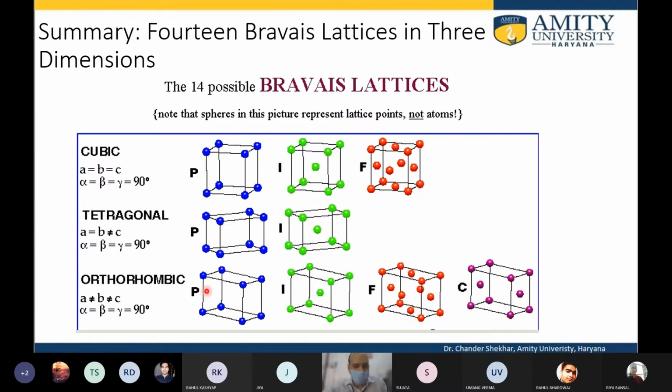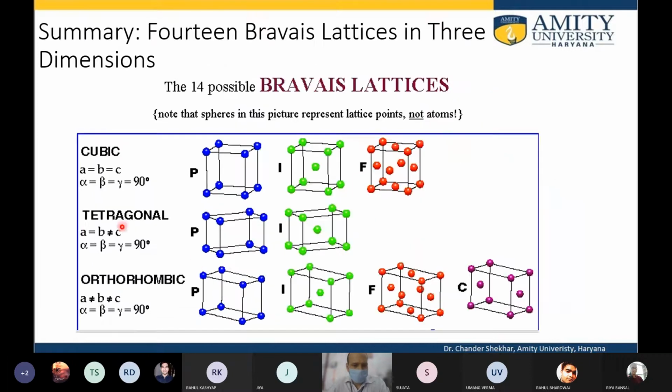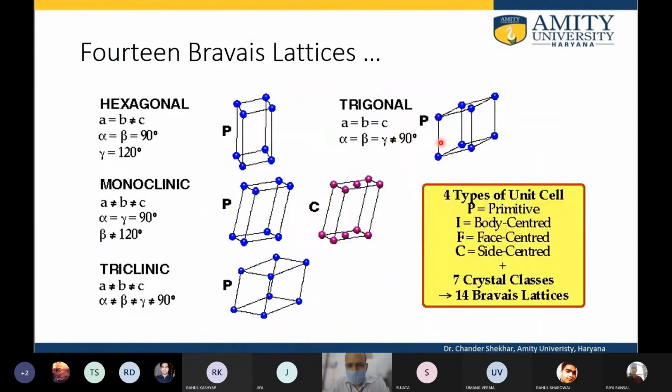And in orthorhombic, where the other side is also stretched, the face center again becomes equivalent, and so we have simple, body center, face center, and the end center, also called base center. So the maximum Bravais lattices are possible in case of orthorhombic. And in hexagonal only one, primitive, and similarly trigonal, which is rhombohedral, only one, that is a primitive unit cell.